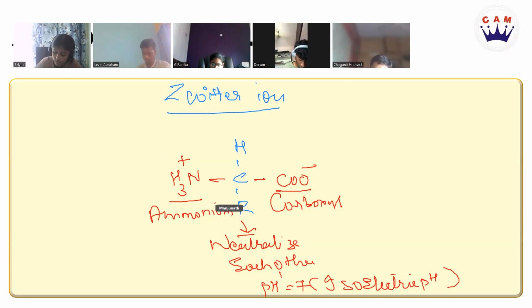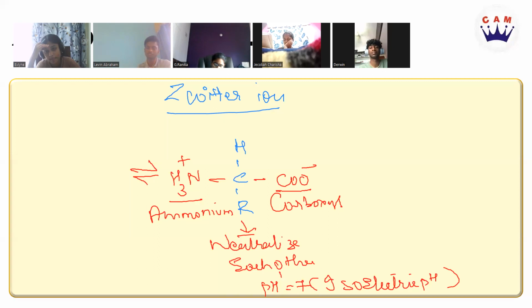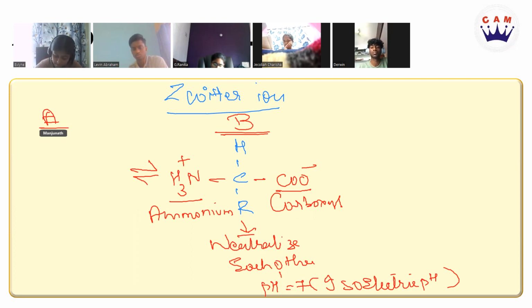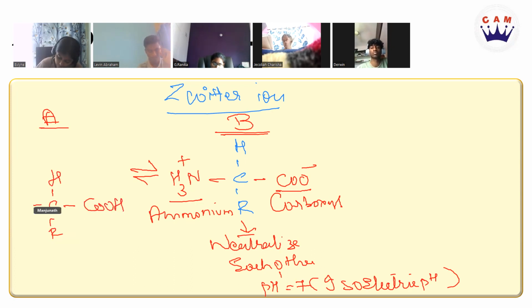Okay, so at a physiological pH, it can be of different forms. One of the forms is the zwitterion form. This is B. Let me see the A form. In A form, it is C, H, R, COOH, NH3 plus. Then it will be basic.